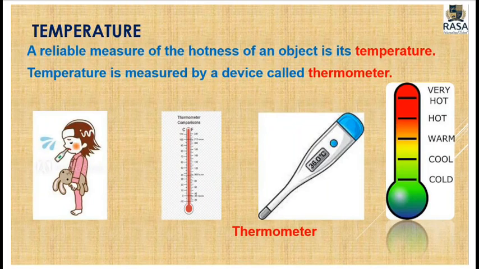So we take the thermometer, and with the help of the thermometer we are able to measure the temperature of the person, that means the heat energy in the body of the person, because as we are warm blooded organisms, if our body temperature is not maintained at a constant temperature, then we feel some irritation, that means the fever.